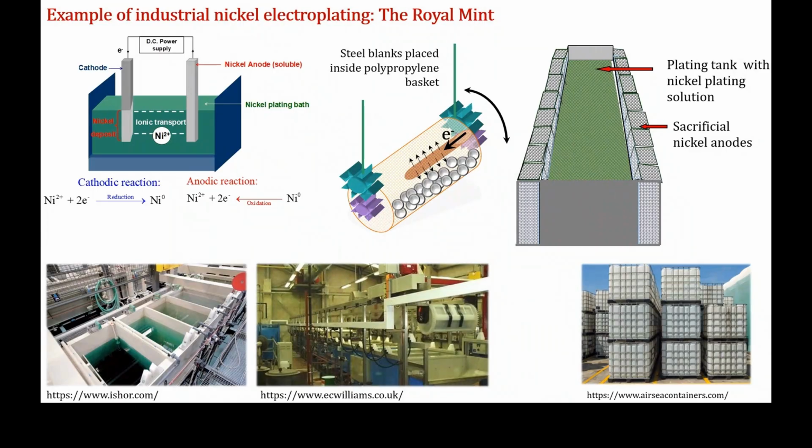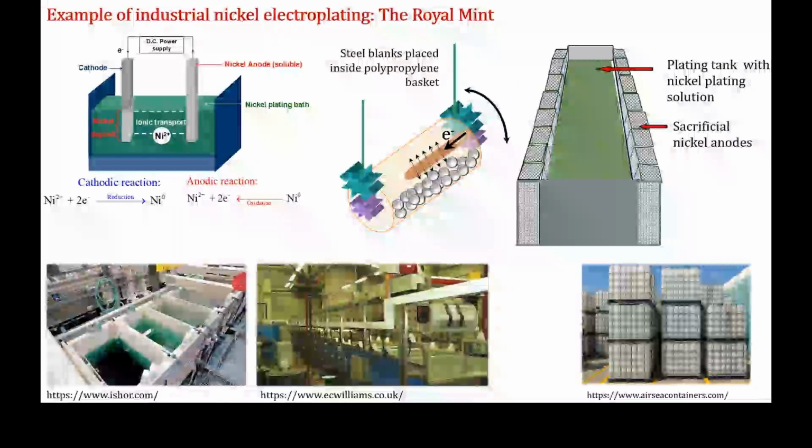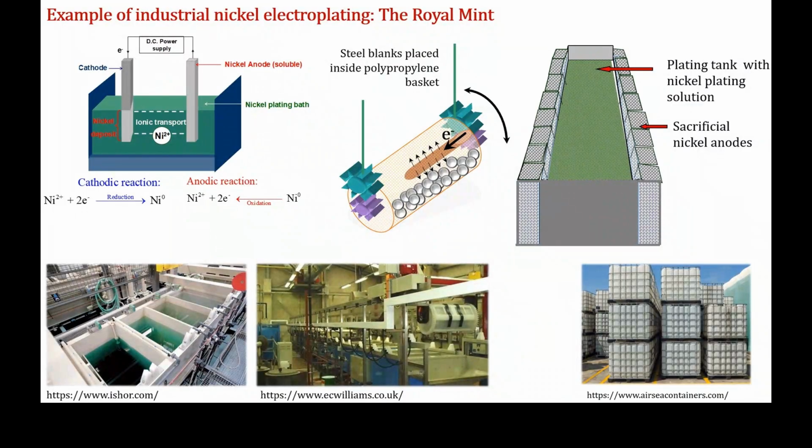So it's kind of intermittent plating, but it has the effect of homogenizing the rate at which each individual coin is being plated. Besides the nickel plating tank, you have an array of tanks through which the objects that have to be plated pass through.